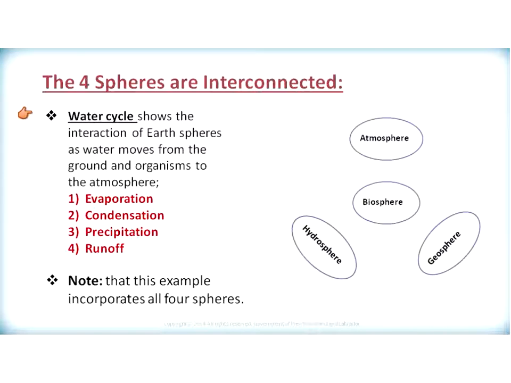The water cycle focuses on four main components. One being evaporation, number two being condensation, number three being precipitation, and number four, runoff. Note that this example incorporates all four spheres.